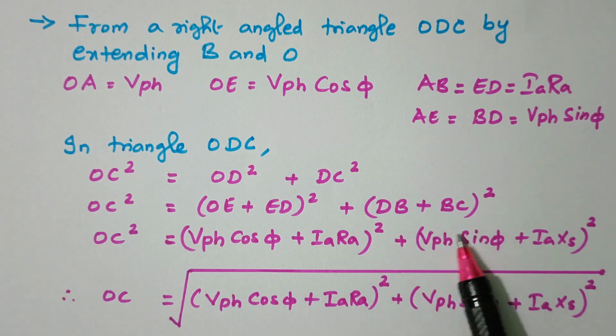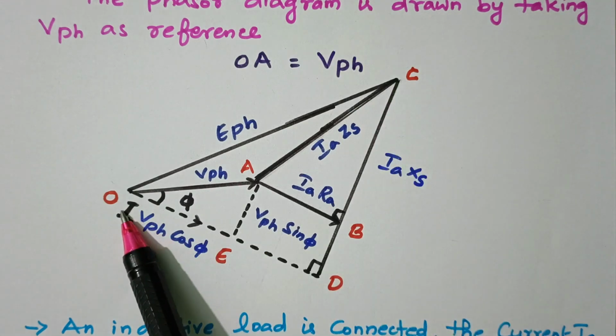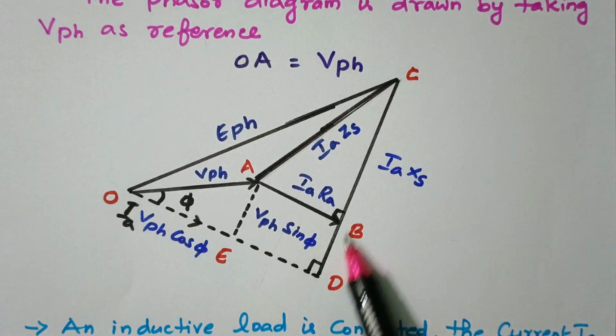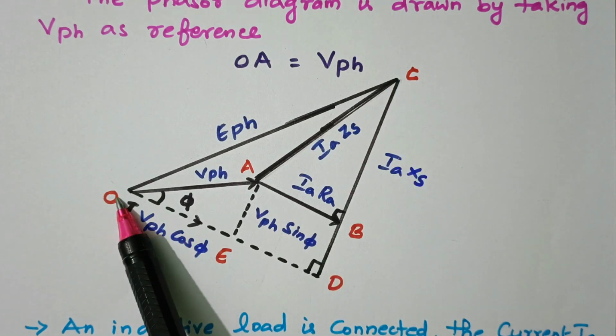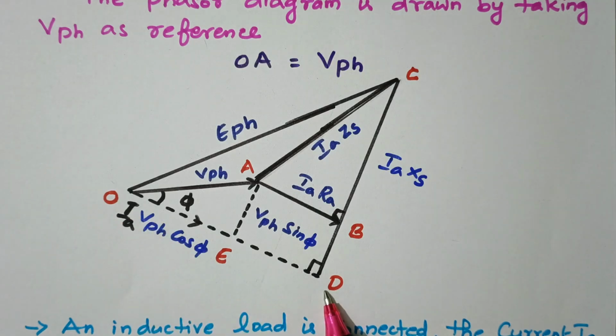Now I will refer to the diagram so that it will be easier. So OC square equals OD square plus DC square. OD is written as OE plus ED. DC is written as DB plus BC.